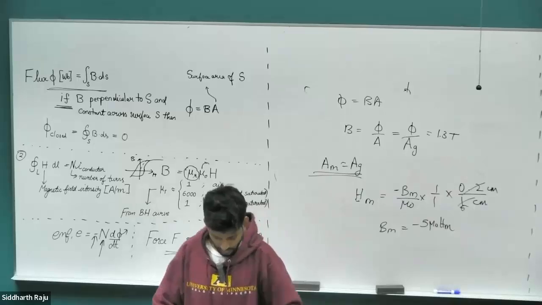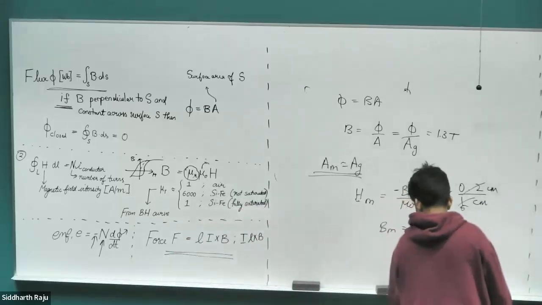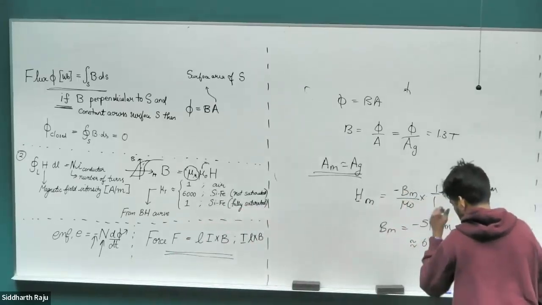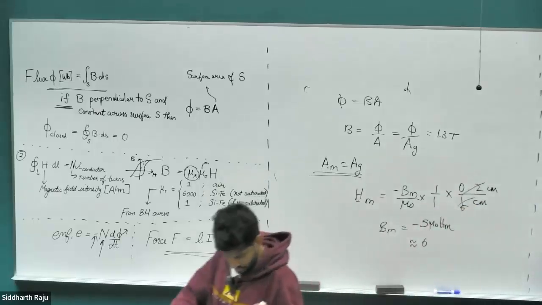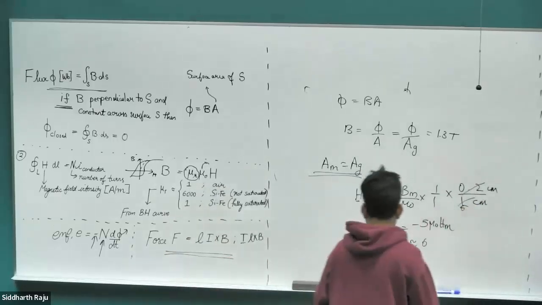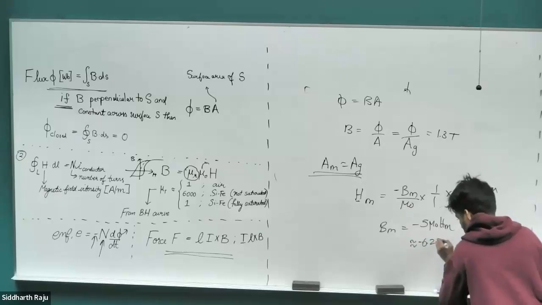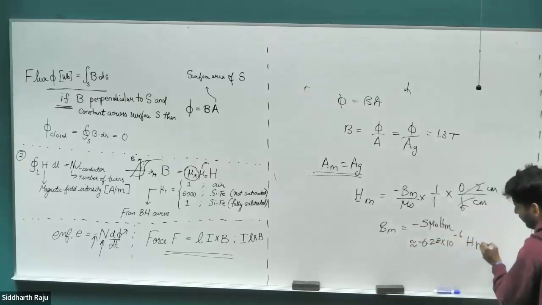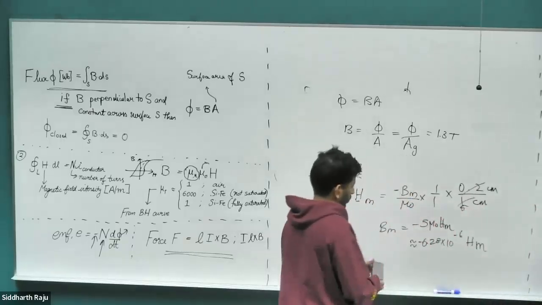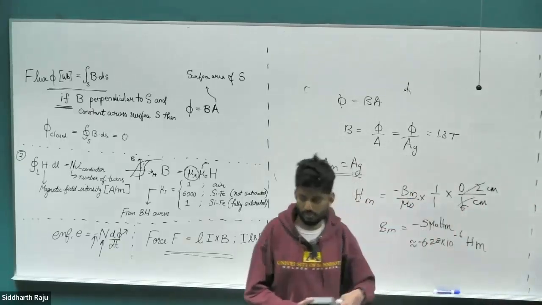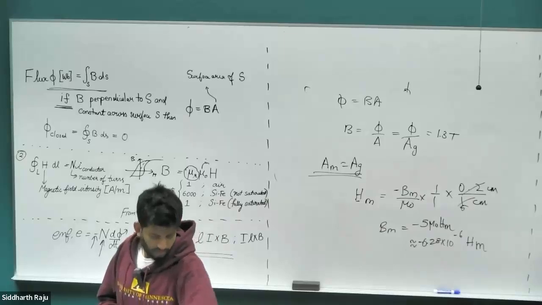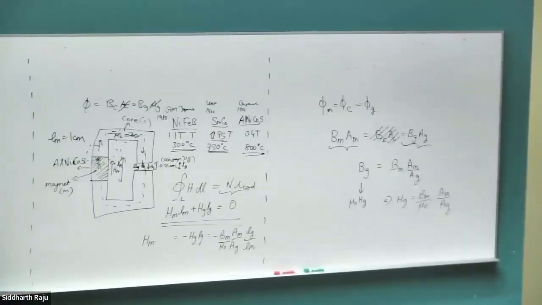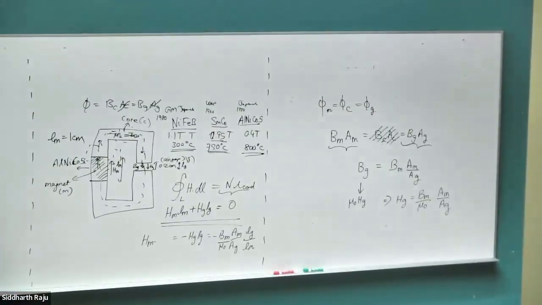Once we substitute, that comes out to roughly 6.28 times 5, minus 6 times HM. So all I'm doing is basically substituting the values. Once I have this, how can I solve for BM? Anybody want to take any guesses?